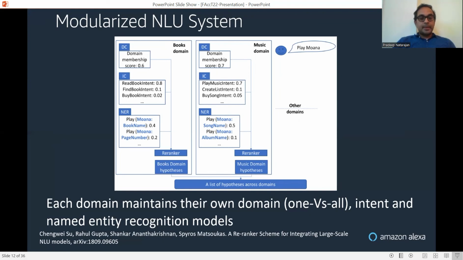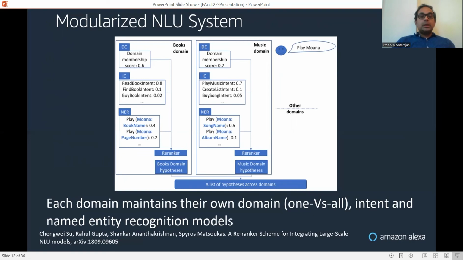And then there is a named entity recognition model that looks at the sequence of words like "play Moana" and identifies the named entities, in this case Moana, and associates a particular named entity type like book name and a confidence for it. Similarly, the music domain has its own domain classification model, intent classification models, named entity recognizers, and so forth.